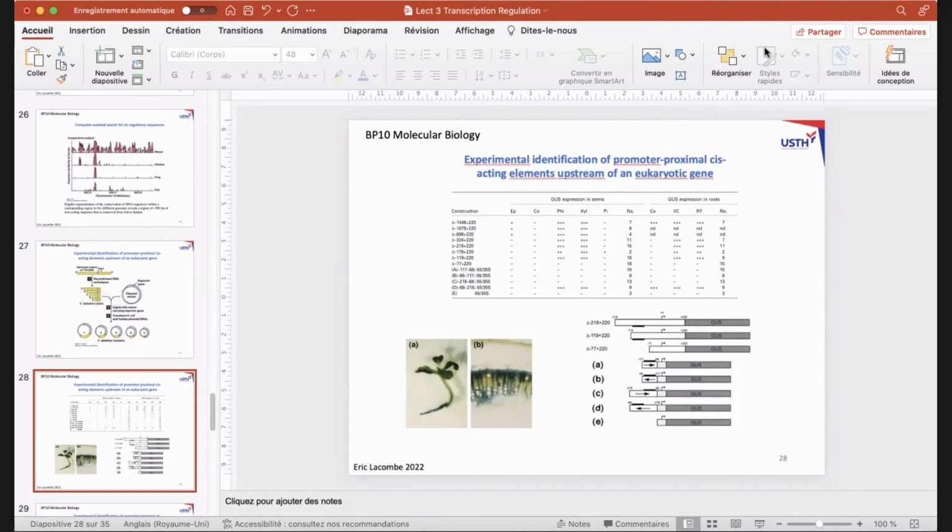For the Monday exercise, do you use Moodle for sharing data? Moodle at USTH? Not very often, but don't worry. What we are going to do on Monday, Hang will send you the exercise, and we will do it step by step.